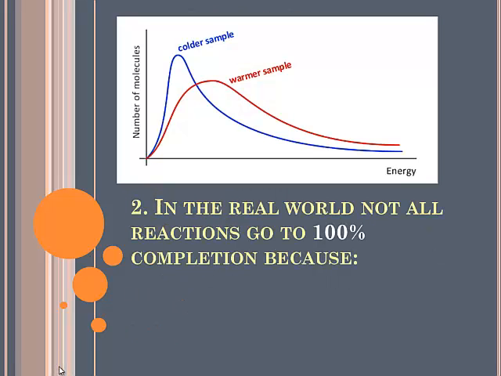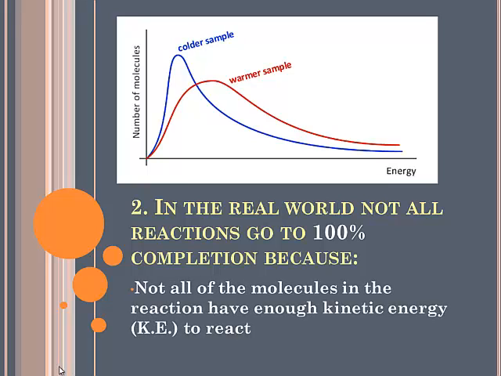In the real world, although we like to imagine that all reactions go 100%, unfortunately they don't. And that's because not all molecules have enough kinetic energy to react. We know kinetic energy is a measure of speed. If reactants aren't moving fast enough, they aren't able to overcome the repulsion between the molecules, breaking the bonds and therefore allowing the atoms to rearrange.